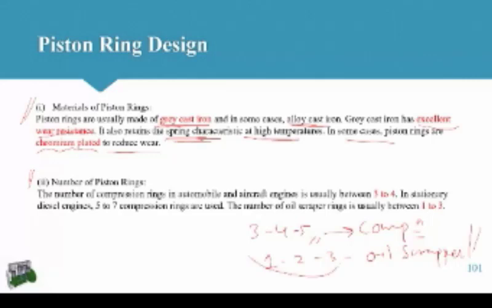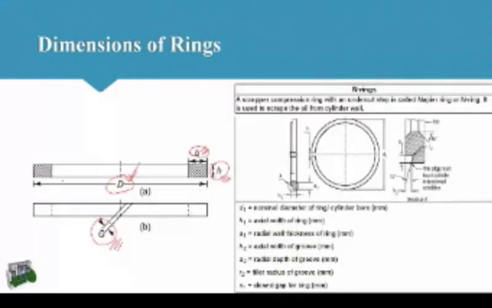In addition to this thumb rule, what is preferred? See, as a designer, you should know that when you have a small number of thick rings, they will have more contact area here. That is why it will result in more friction. On the contrary, if you have more thin rings, they will ensure less friction, and in addition to reducing friction, they will also ensure better sealing.